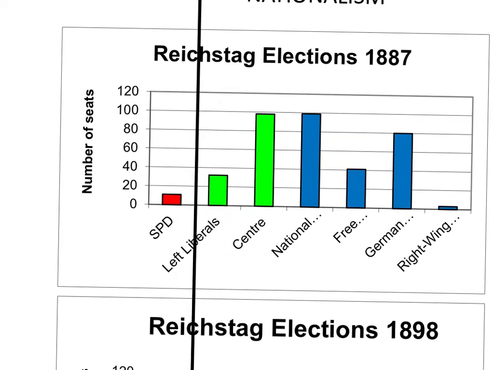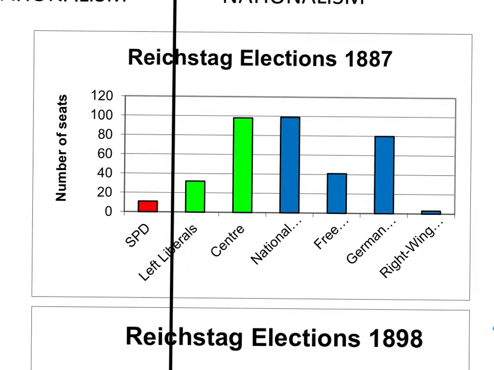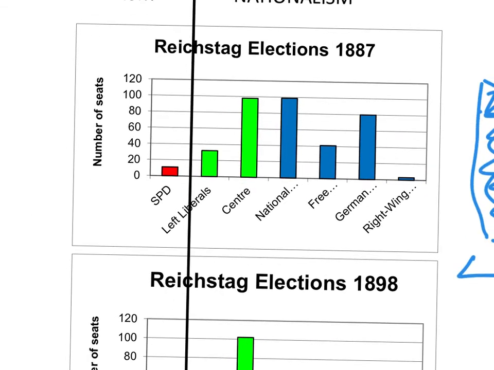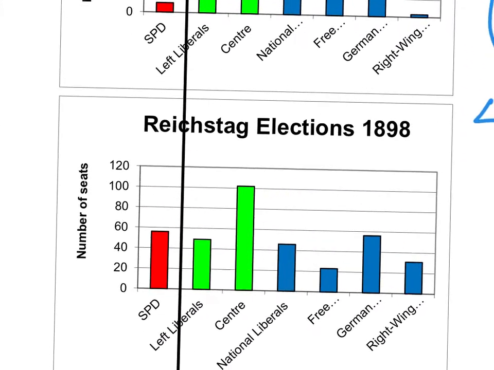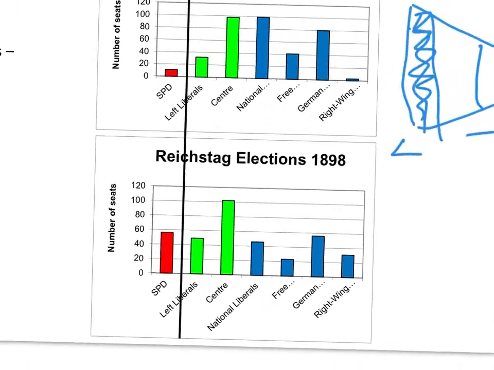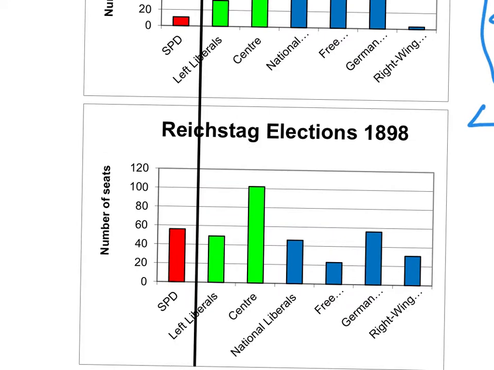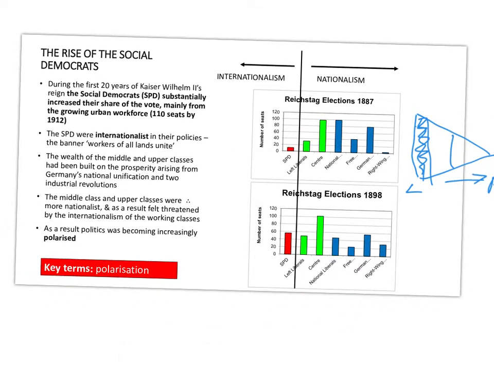And of course, that's in the context of German unification being fairly recent, and there's a great deal of support for nationalism. But as industrialization progresses, just 11 years later, by 1898, the SPD have grown to become the second largest party in the Reichstag. So the forces of socialism and internationalism are getting stronger and stronger inside the Reichstag.